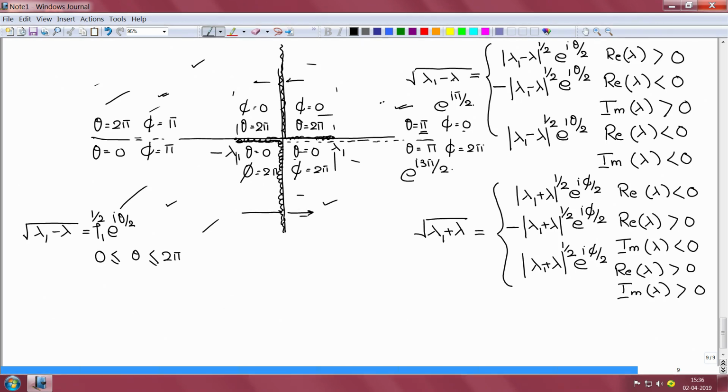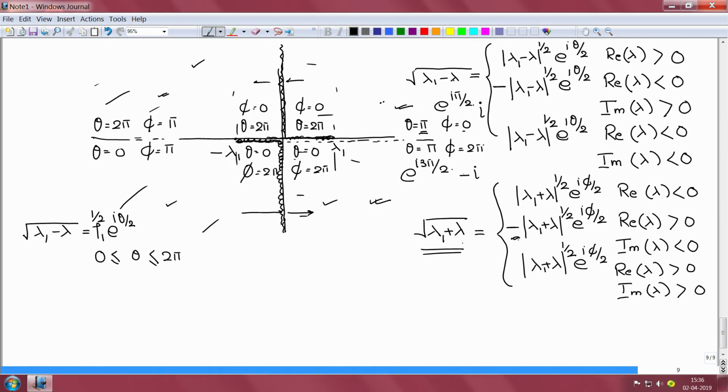But if you see, what we have done is we have brought in a negative sign to match. So, this is going to be equal to i and this is going to be equal to minus i. And therefore, in this region lambda 1 plus lambda has a negative sign for real lambda greater than 0, imaginary lambda less than 0.